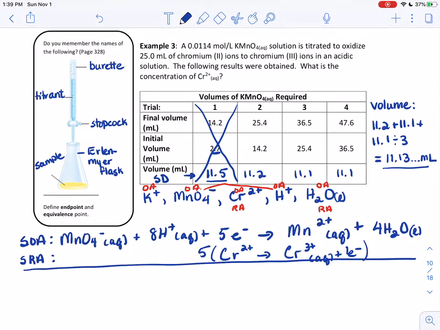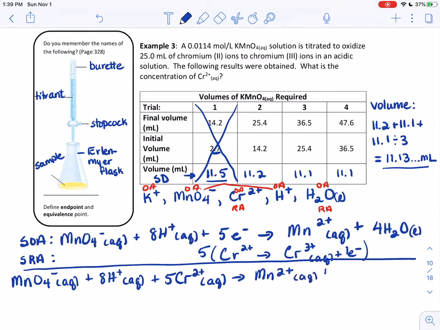All right, so overall, MnO4- plus 8H+ plus 5Cr2+ gives me Mn2+ plus 4 water plus 5Cr3+. All right, I'm going to write down the information.